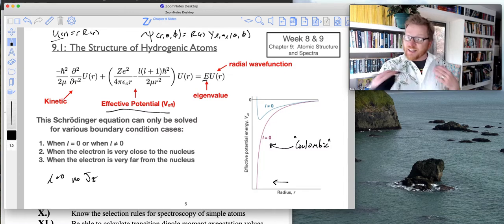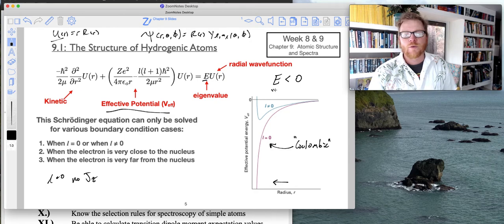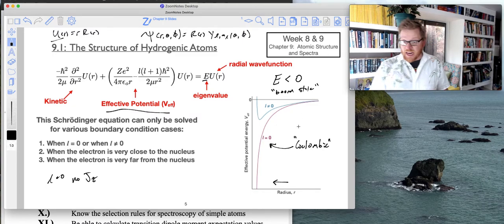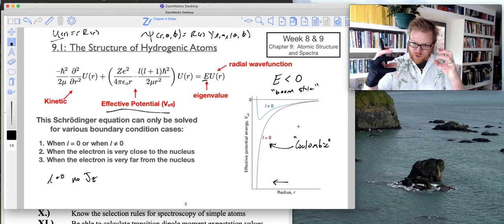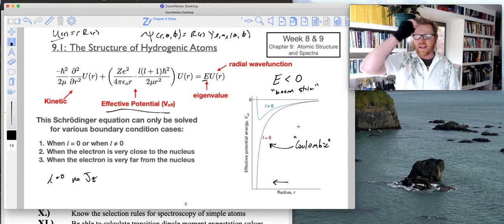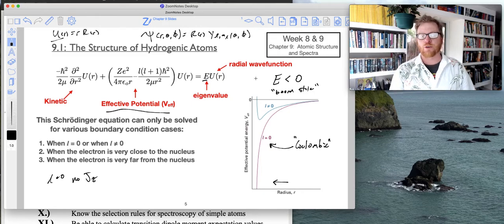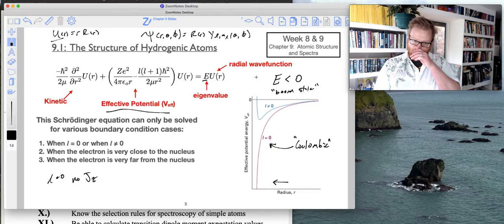So that's another condition that we're going to create: for all E's less than 0 for any bound state. Because this Coulomb potential says the more attractive a force is, the more negative the potential gets, we have to also create this additional boundary condition that says for any bound state, the energy is less than 0 by definition, okay?